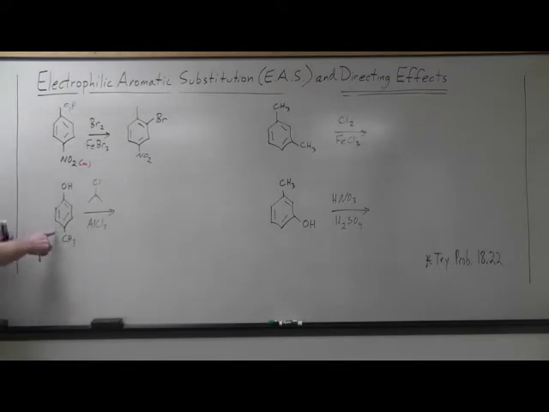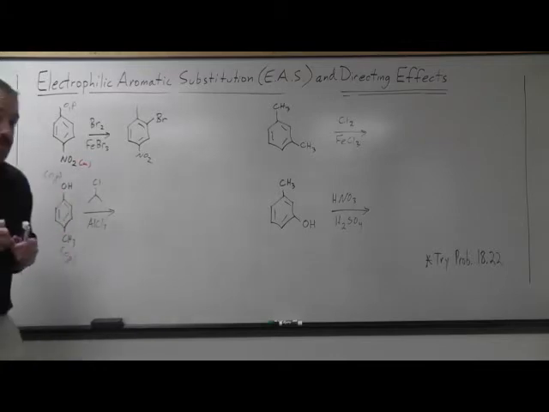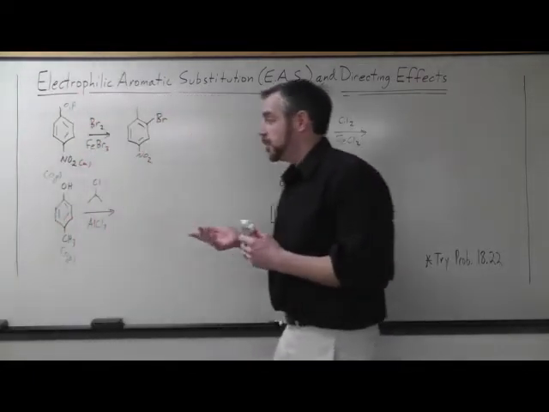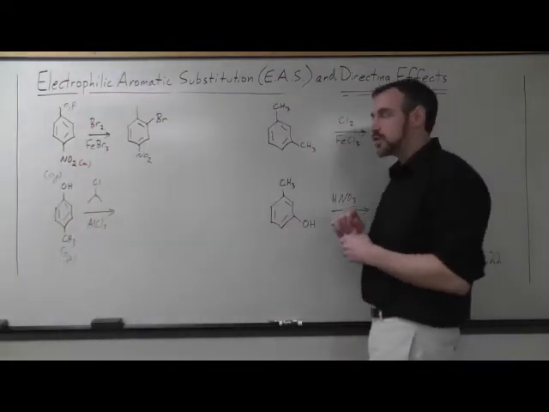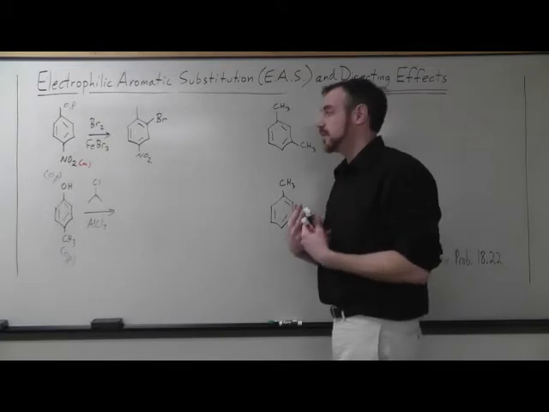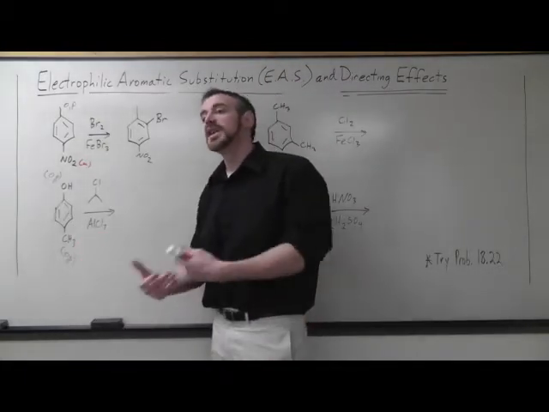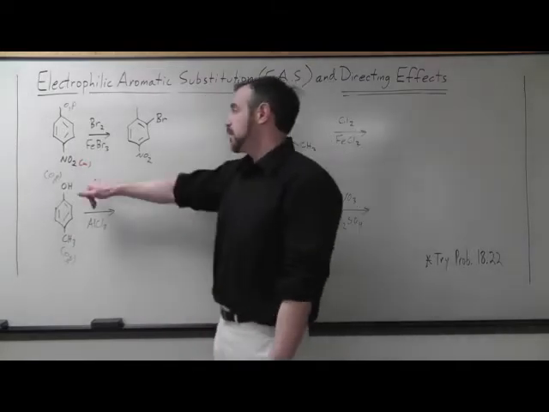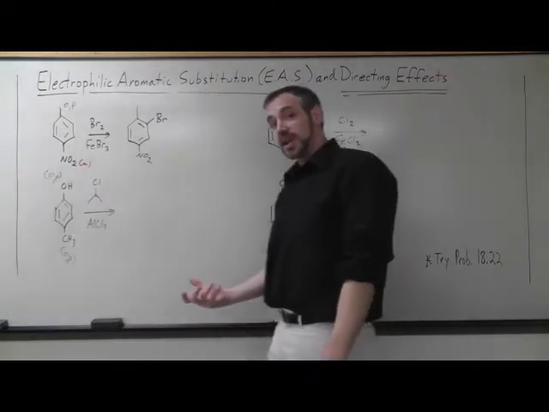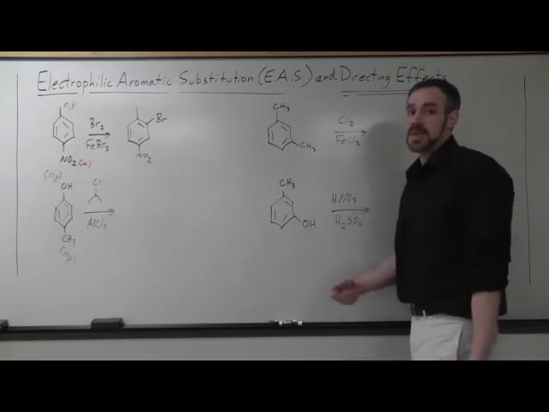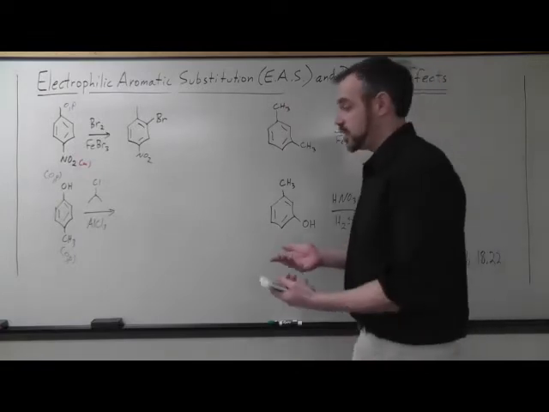If we look at the next example, well, now we have two ortho-para directors. And so if we have two ortho-para directors, you have to know which one's going to be more highly activating. Alkyl substituents don't have a lone pair, so they're very weak electron donors. The OH group is a strong electron donor, pretty much the strongest one besides amine nitrogens.